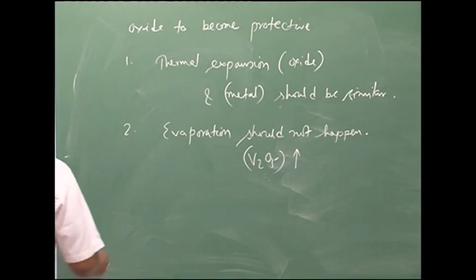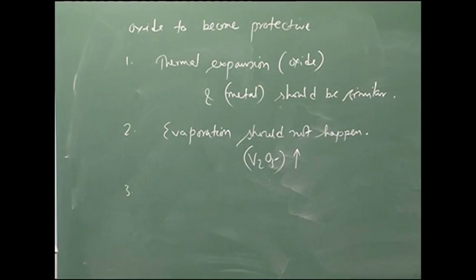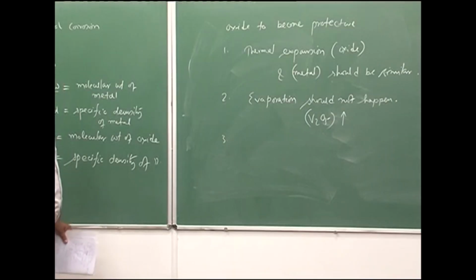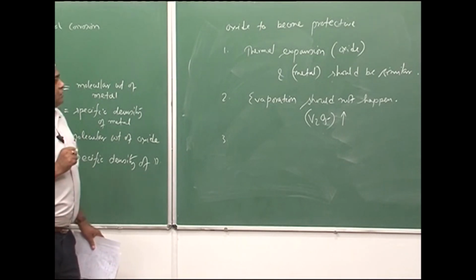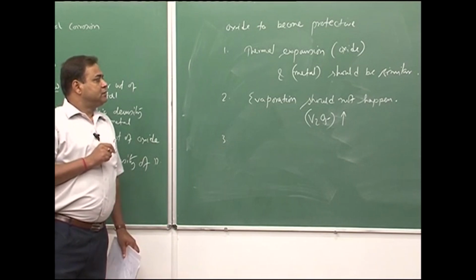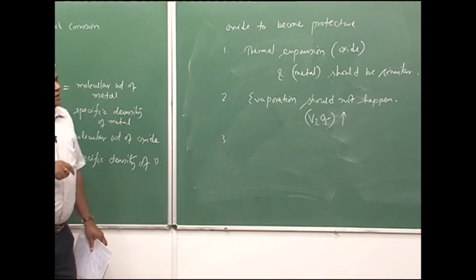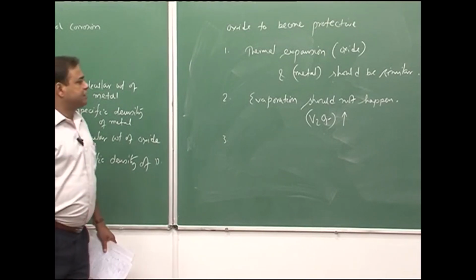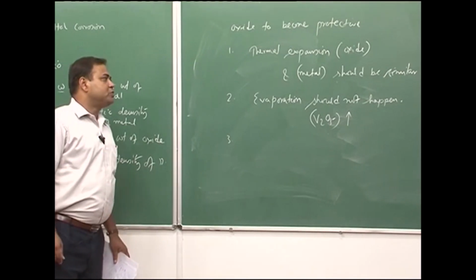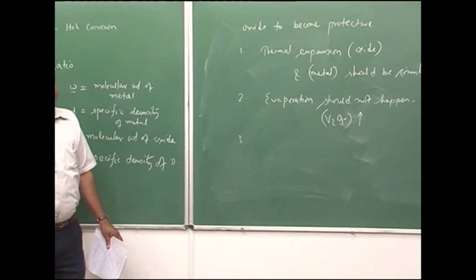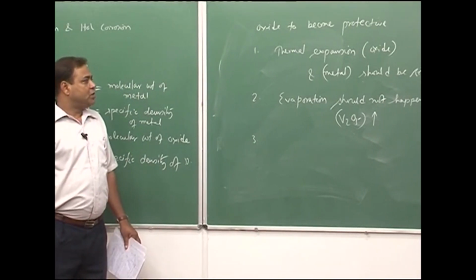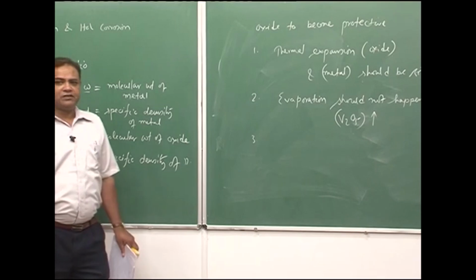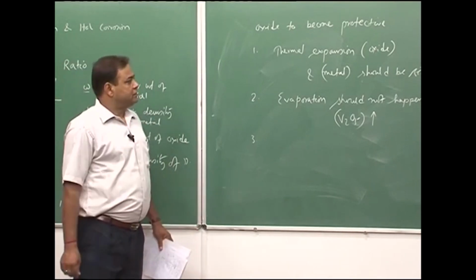Now, since most of the oxidation reactions or oxide growth happen at high temperature, if the metal object is under tension or under stress, there could be a possibility of plastic deformation of that oxide. If that oxide is brittle in nature, the oxide can break.